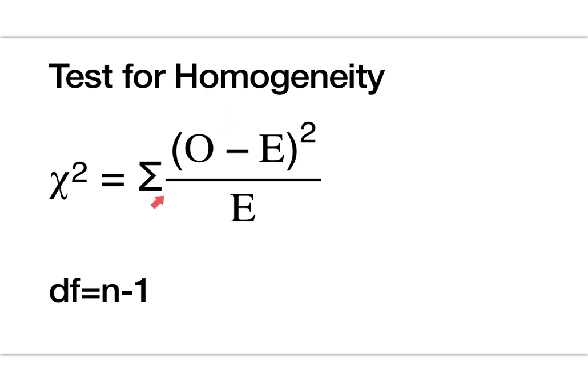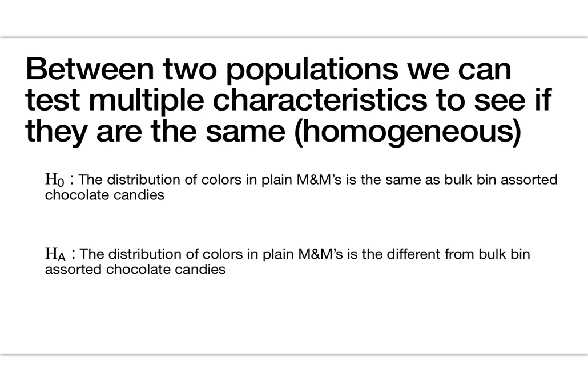Homogeneity, we're testing from two different populations. But if you looked at the slide from the last time we did test for independence, same formula, same degrees of freedom. So between two populations, we can test multiple characteristics to see if they are the same or homogeneous between them.